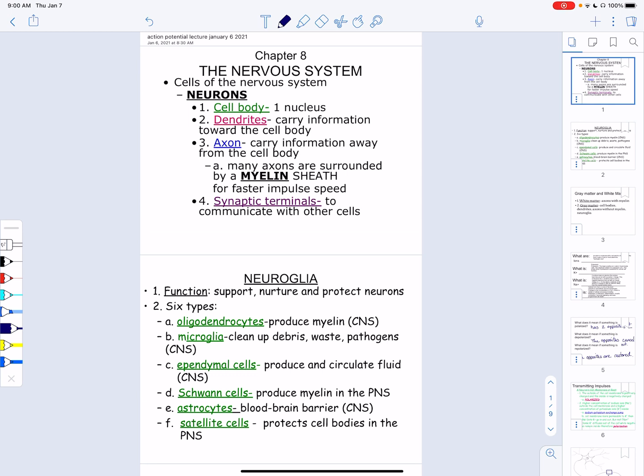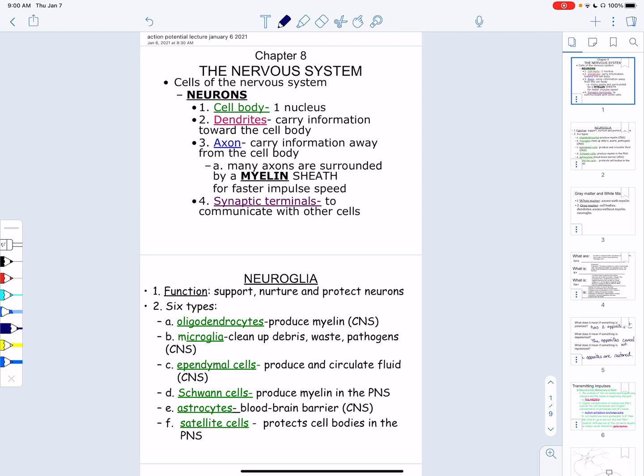The myelin sheath definitely plays a role in the speed of the message that's sent, and there are some numbers that go along with the speed of those messages. In a large diametered axon, you're going to get about 2,500 impulses per second.